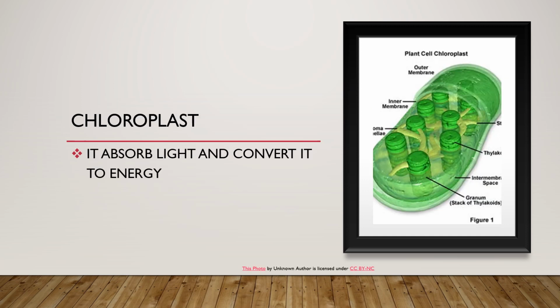Then there's the chloroplast. The chloroplast absorbs light and converts it to energy. You will remember that chloroplast is found in plant cells. In plant cells, the reason for having a chloroplast is that it needs to make its own food under the process called photosynthesis.